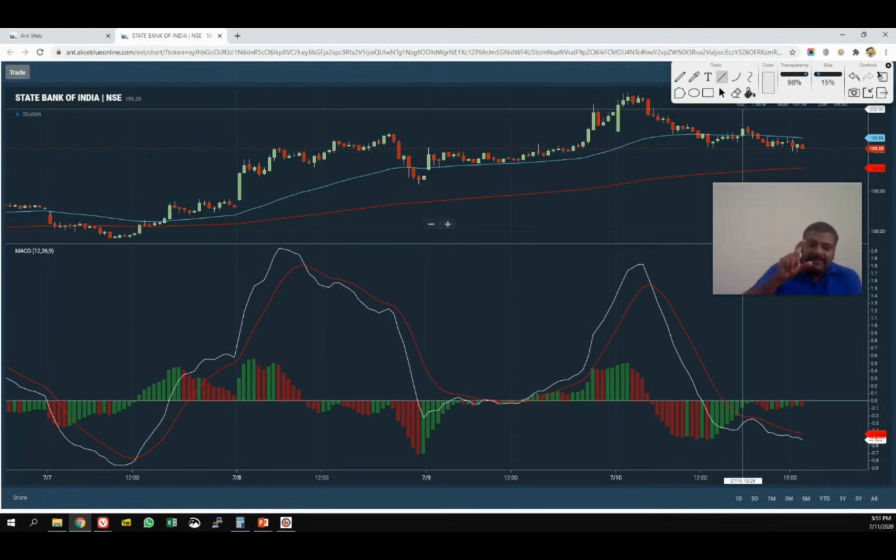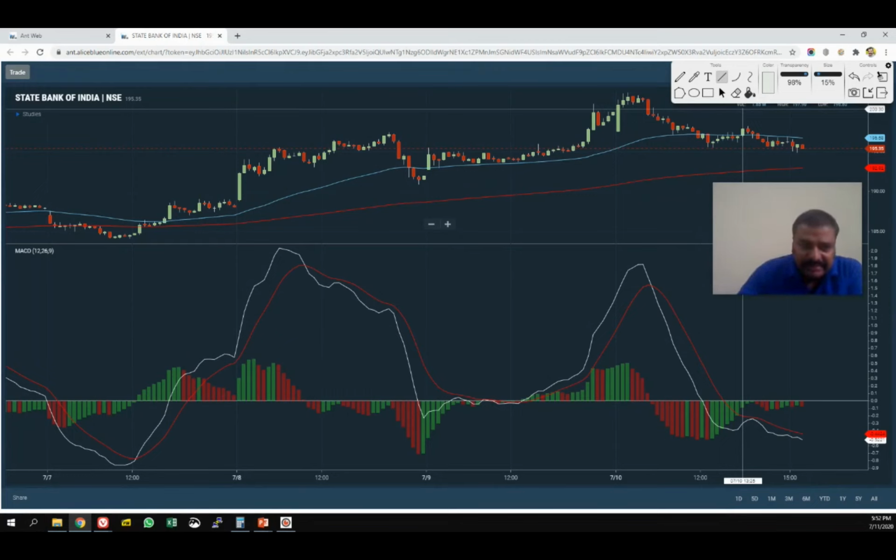And there's one more point. You have to identify if the volatility is high or low, whether it's a trend market or a range market. There is an indicator called ADX. You can use ADX to identify if it is a choppy market or a trending market. We will see about ADX in the coming weeks.